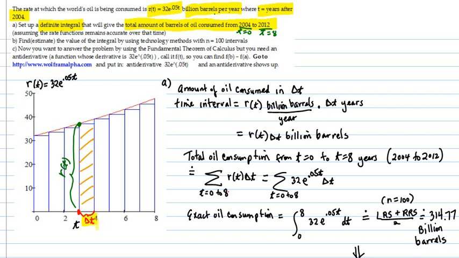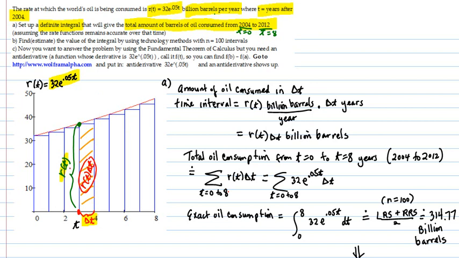Over that small time interval, the rate that is good for that time period is R of T, which is this rate. When you multiply R of T times delta T, you get R of T delta T. That's the total amount consumed during that delta T time period.